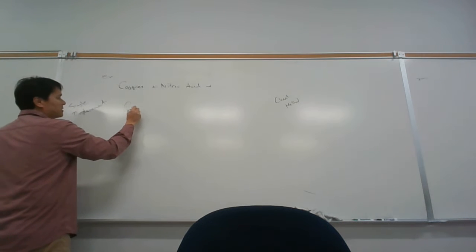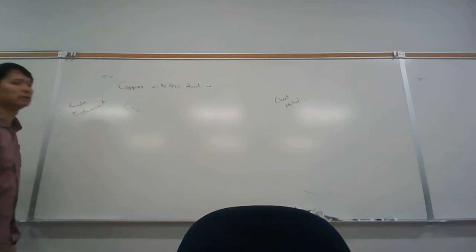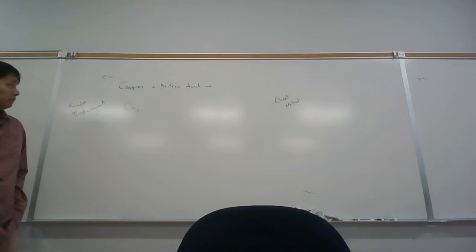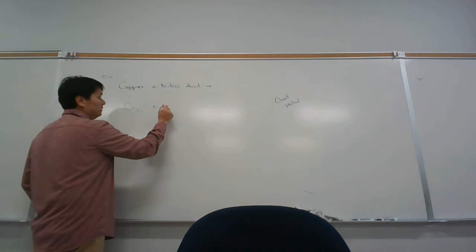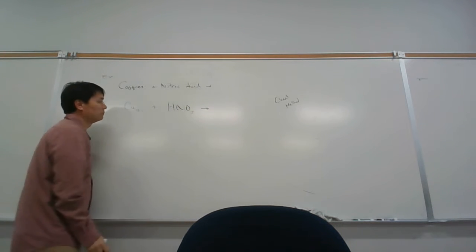One of the most common mistakes is people write Cu+ or Cu2+ for copper, but that's the copper ion, right? It's not copper metal. And what did you get for nitric acid? HNO3. Good. And what does it form? H+.